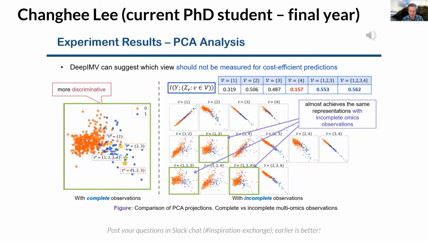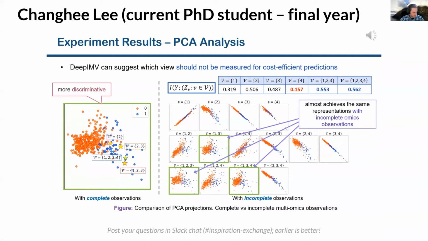We compared the mutual information between the outcome and the latent representations that are learned by our method as we change the view missing patterns. We also visualized the corresponding representations using PCA projections. As shown in the table, the fourth view, which was RPPA, had the lowest information for predicting the target.